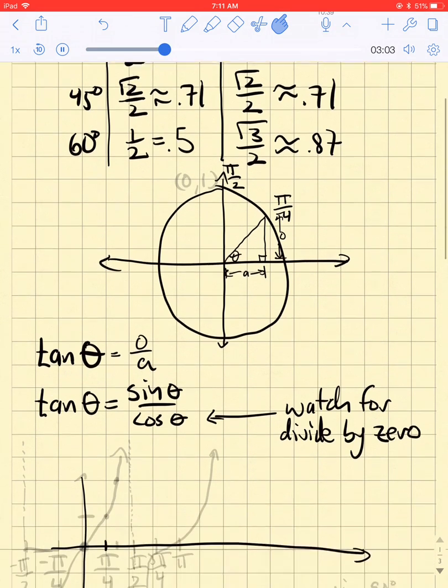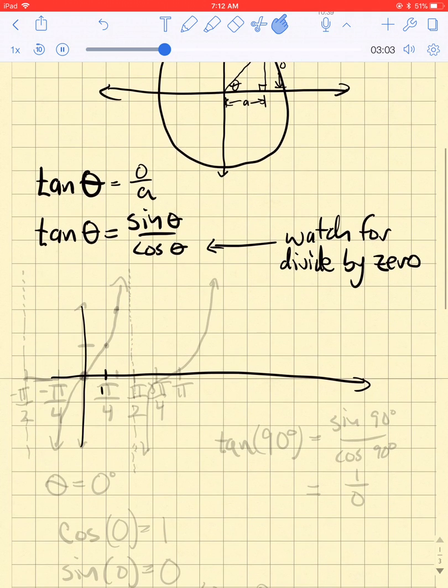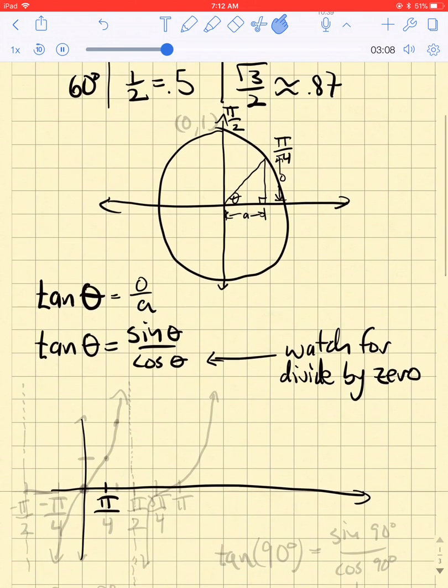Okay? So for the angle, when theta is 0 degrees, then we have the cosine of 0, which is 1.